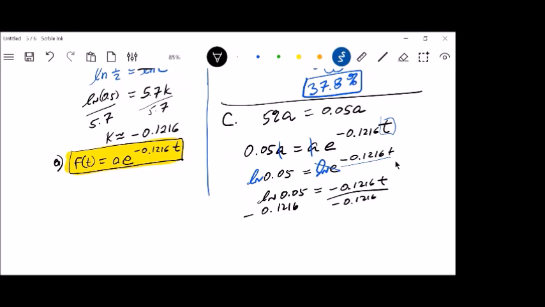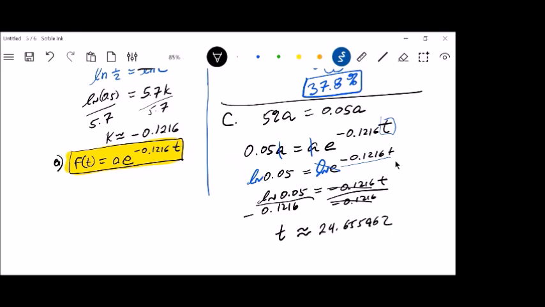And that cancels out. So now we have t is approximately, when we do natural log of 0.05 divided by negative 0.1216, we get 24.6559 and so on, actually 62.